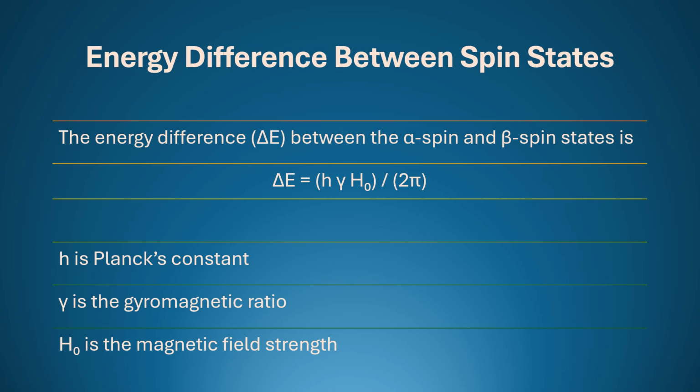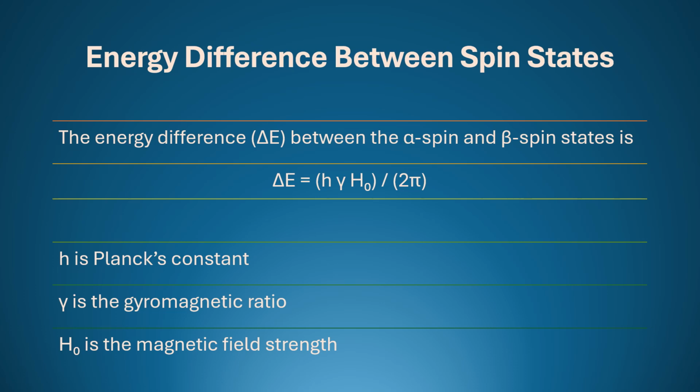The energy difference between these two states dictates how much energy is required for a nucleus to transition from the lower energy alpha spin state to the higher energy beta spin state. This energy is supplied by a radio frequency pulse, which matches the resonance frequency of the nucleus and induces the spin flip.